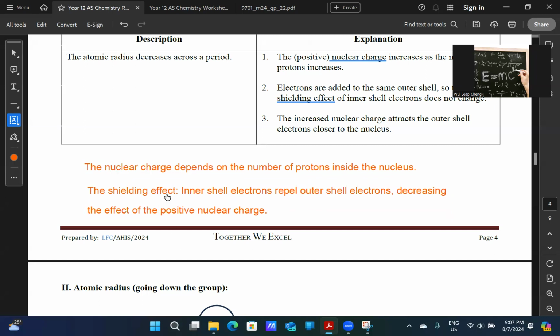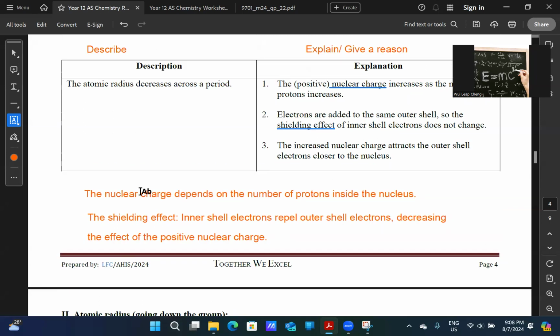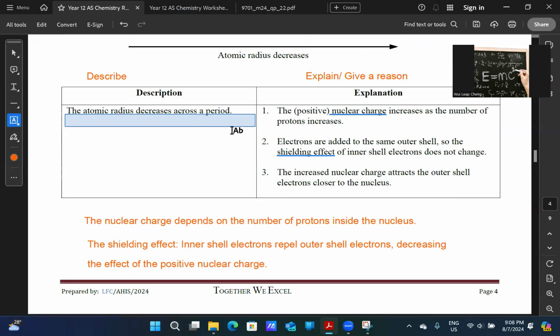The shielding effect is that inner shell electrons will repel outer shell electrons. If the inner shell electrons repel outer shell electrons, then the effect of the nuclear charge will reduce. That is the meaning of the shielding effect. Okay, let me go through the explanation together.